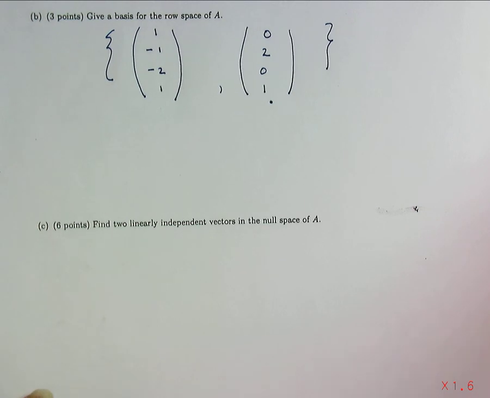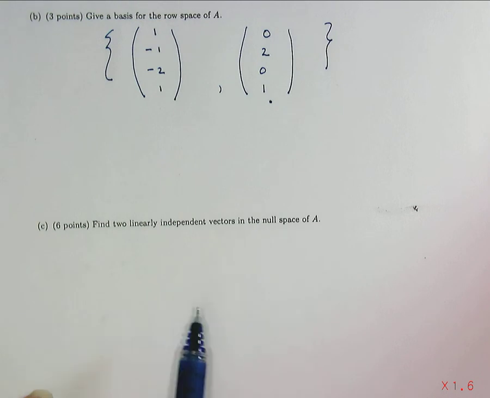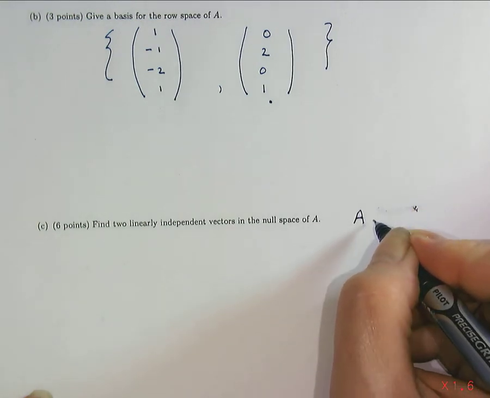Well, to do that, first again, I use the row echelon form of A to describe 2 equations that the vectors must satisfy.